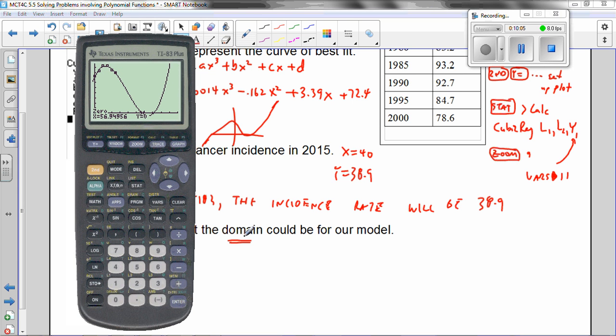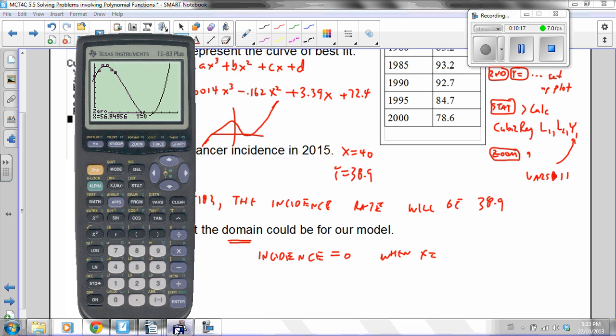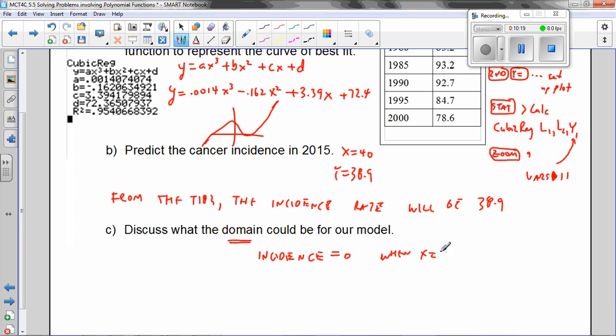So incidence is 0 when x was 50, almost 57. So 57 years from 1975 is around 2000, and what's that? 2032.